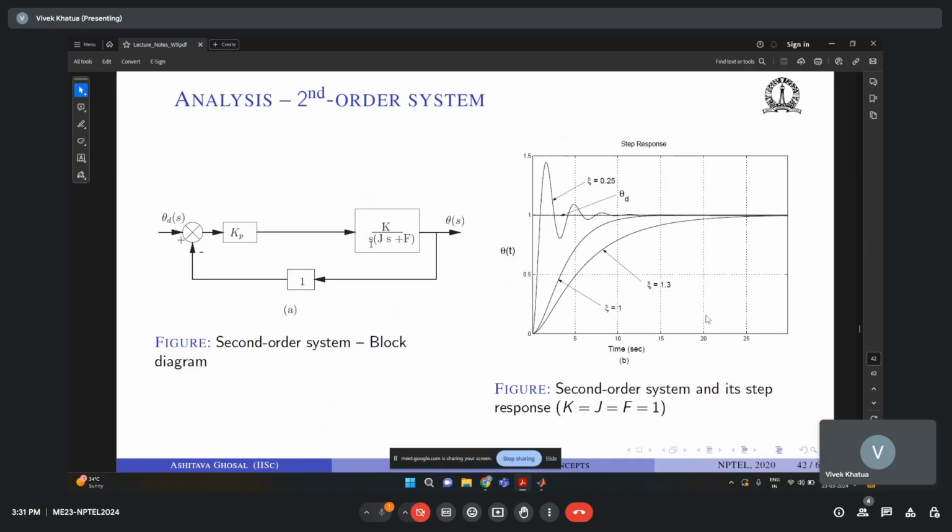It takes away one order because it's a derivative. If you have a second order polynomial, the derivative of it is first order, so the order reduces. That's why kv times s would come, and an integrator which increases your order will have a 1 by s term. It will be ki by s.